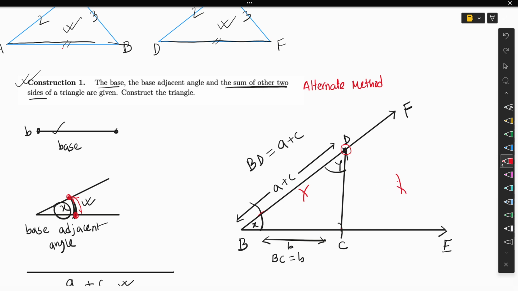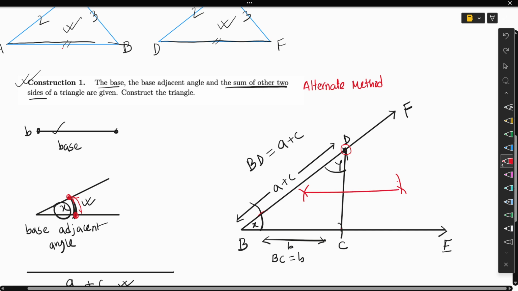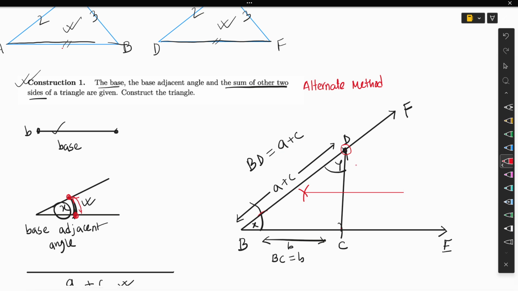And join these 2 points. Okay, so this has touched these 2 points.